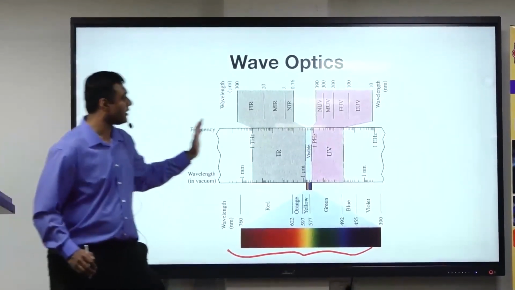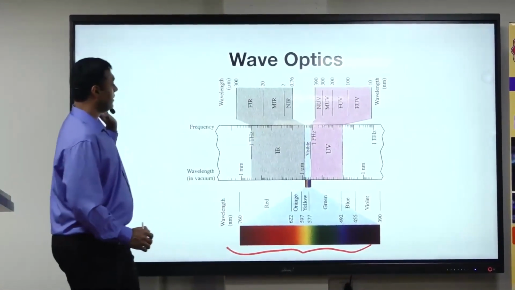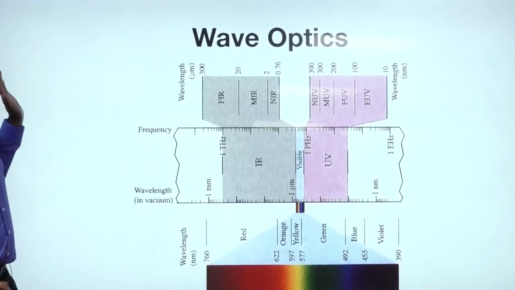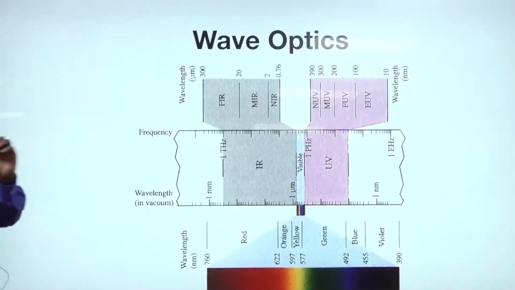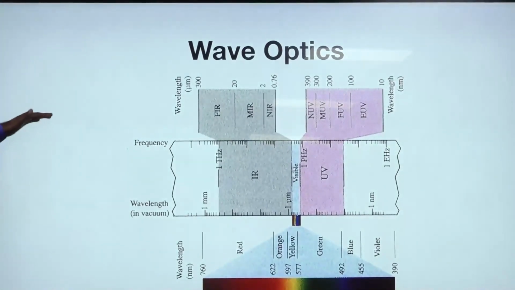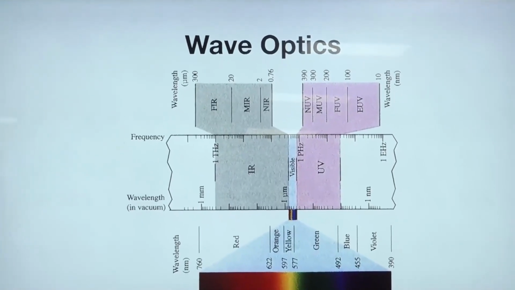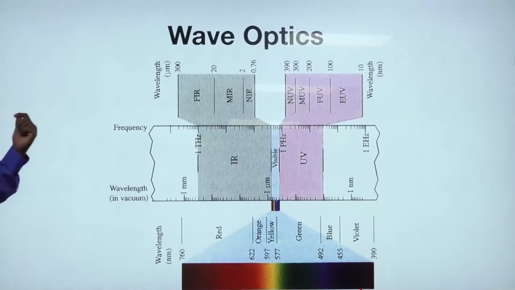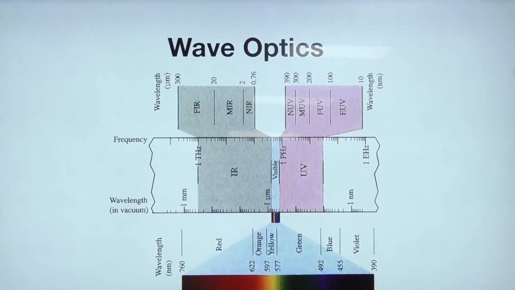This goes even farther on this side and higher on this side as well. In fact, on this side you have radio waves and so on. As you all probably know, even radio waves are electromagnetic waves. Light is an electromagnetic wave. Everything is an electromagnetic wave, and this is the electromagnetic spectrum.